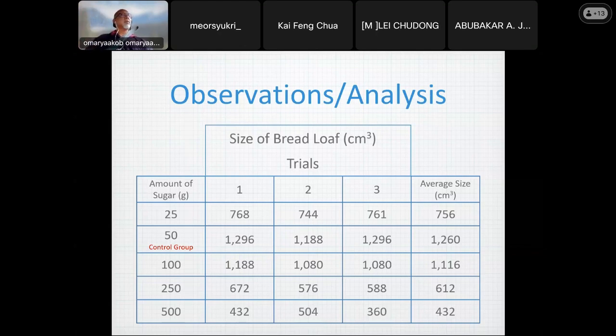So his conclusion was that he found out, it's a little bit confusing to me, if you notice the correlation between the bread, either by test. Okay, Abu Bakar.